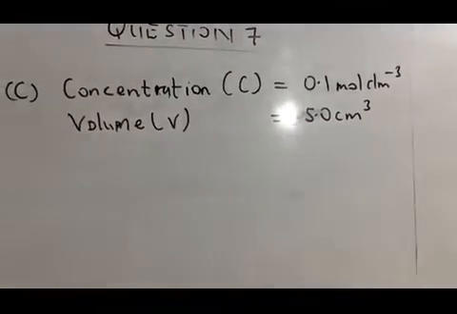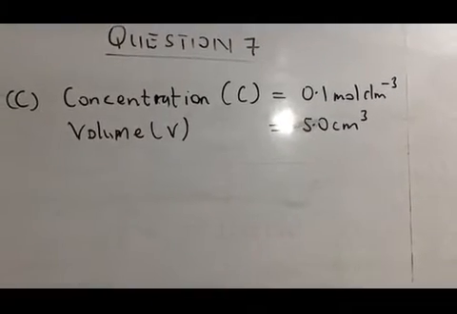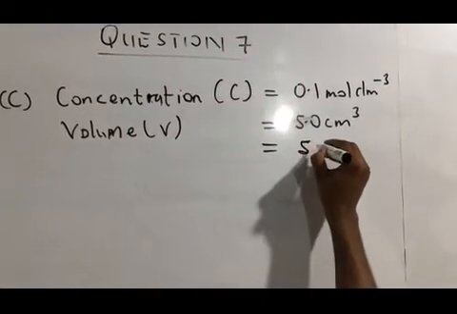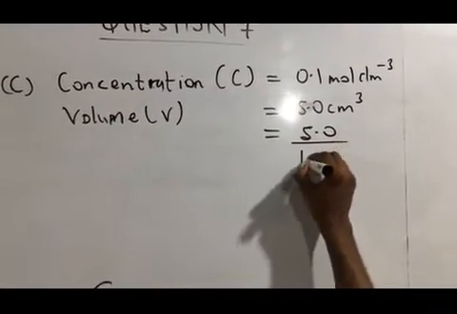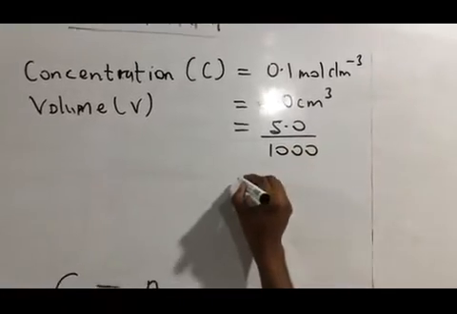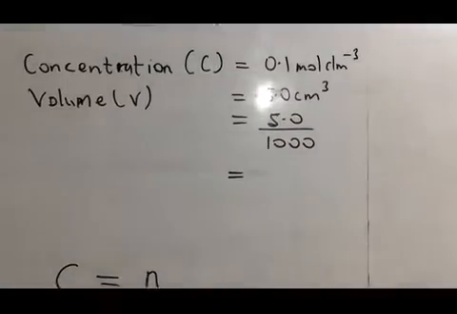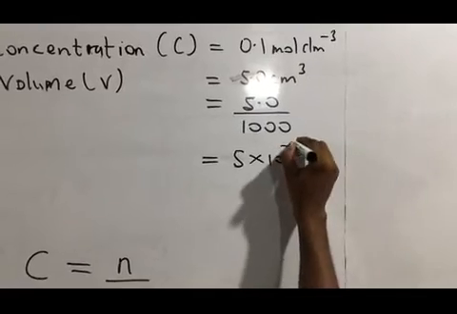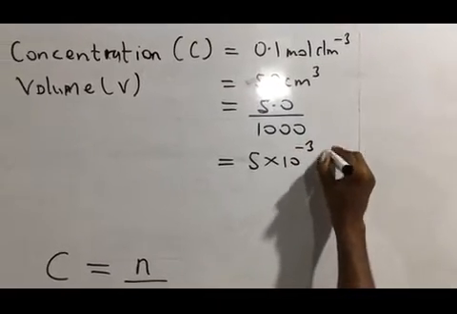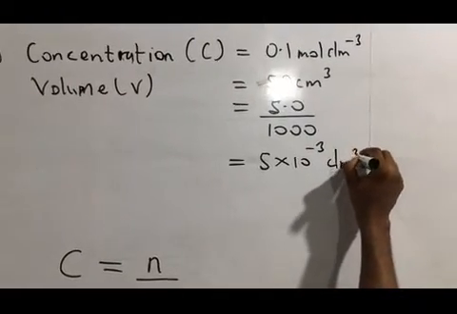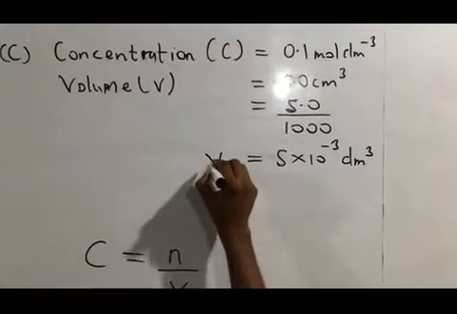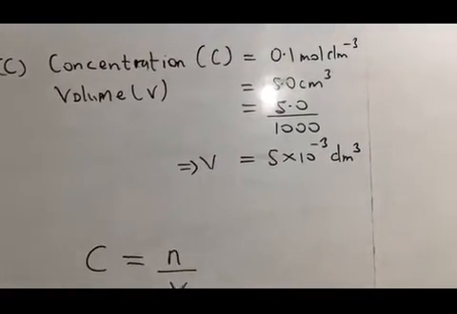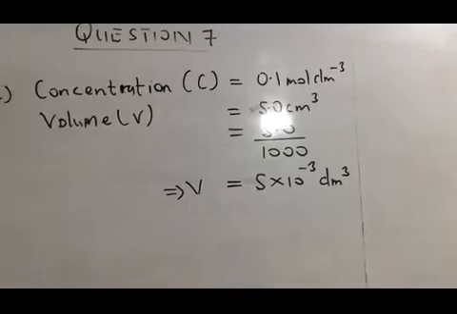You are dealing with just one volume, so you convert the volume into dm cube. How do you do that? You divide it by 1,000. If you put this on a calculator, it will give you 5 times 10 to the power minus 3 dm cube. So that's the volume in dm cube. That's the same as 0.005 dm cube.